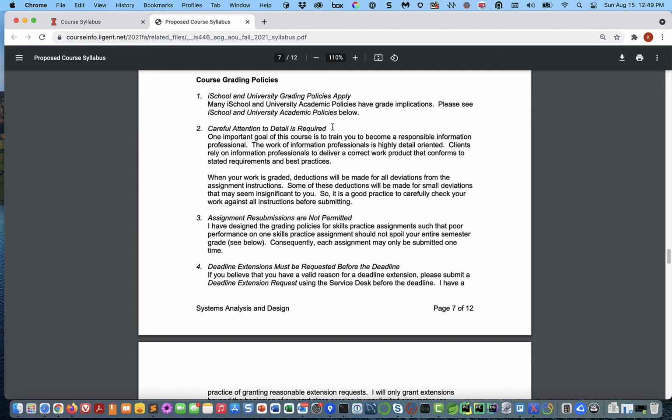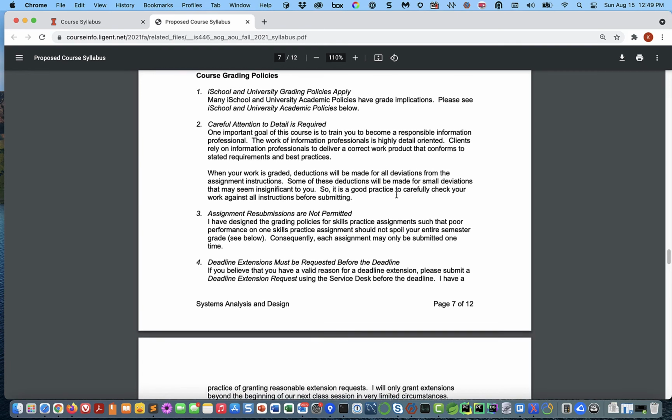Okay. So when we grade your work, we're going to pay a lot of attention to details. One good thing for you to do is go through the grading rubric for each assignment point by point and make sure you're getting all the points that you're supposed to be getting. Okay? Most people are surprised at how detailed we're expecting you to be.